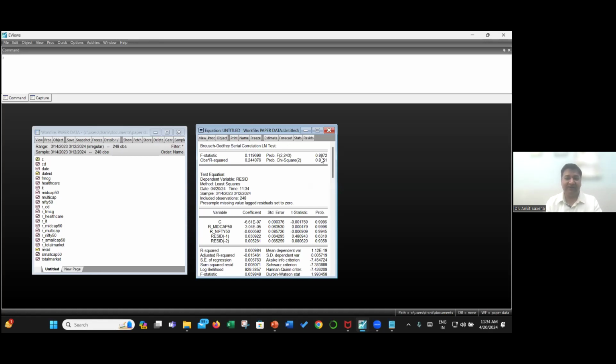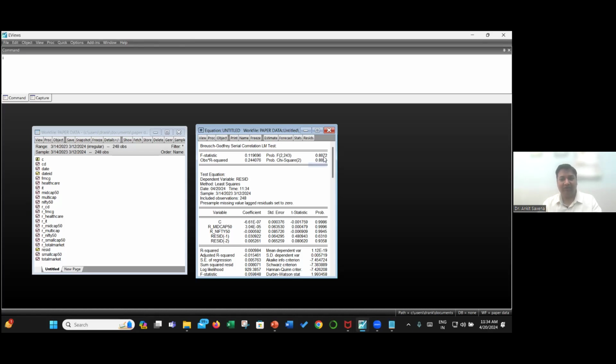And what we find here, the probability value of chi-square is more than 0.05. So it has applied the F test and its p-value is there. It has also applied observed R square and the chi-square value, the p-value is there. So the chi-square p-value and the F p-value both are above 0.05.